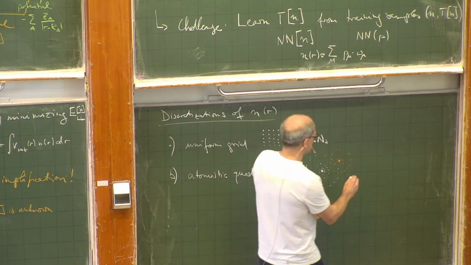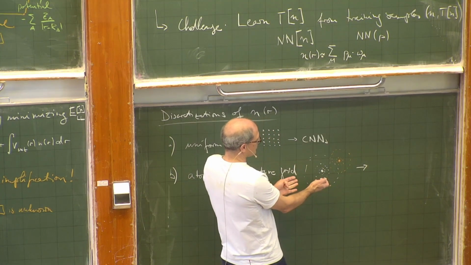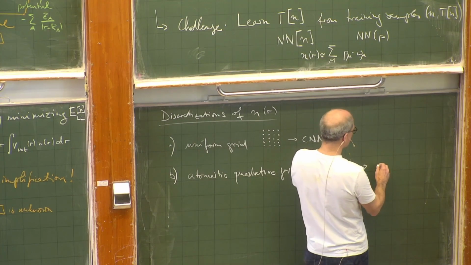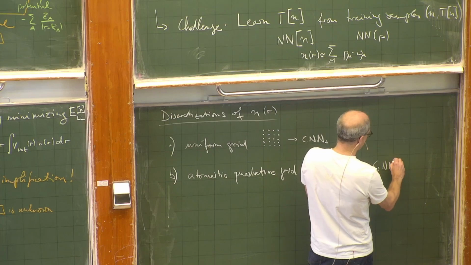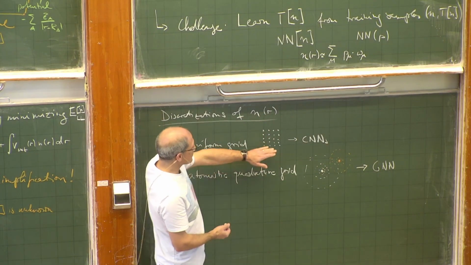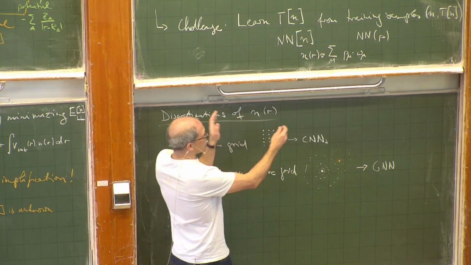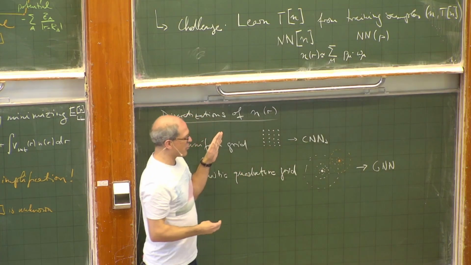But here, we have a point cloud, and we could here use a preferably equivariant graph neural network. So with CNNs, the advantage is that once I've decided how big my grid is, the number of grid points does not change.